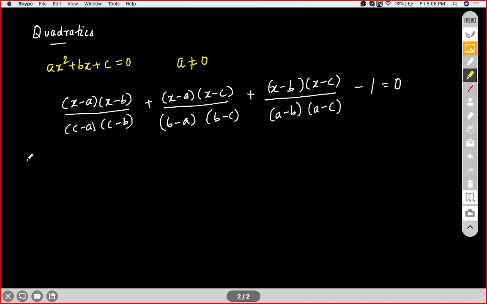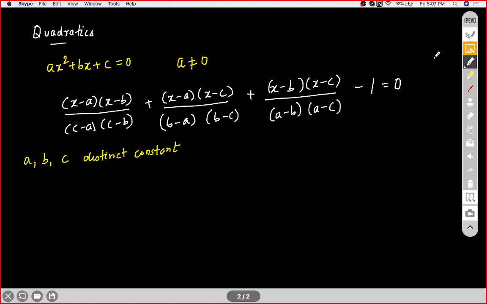Here a, b, c are distinct constants. Of course, they can't be same because if any two of them are same, it will make the denominator of one of the terms vanish. That is not permissible, right?